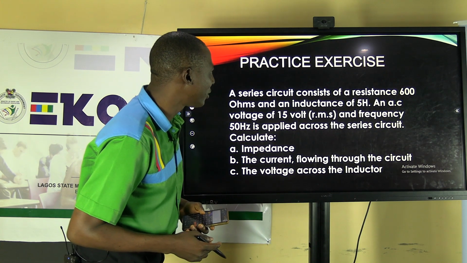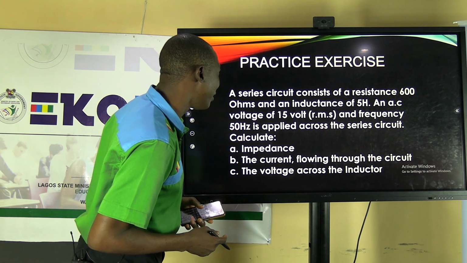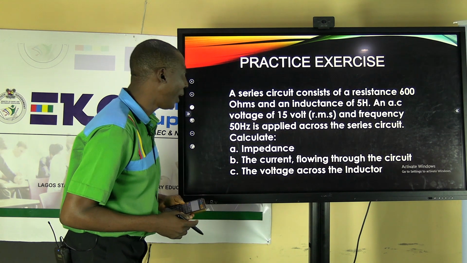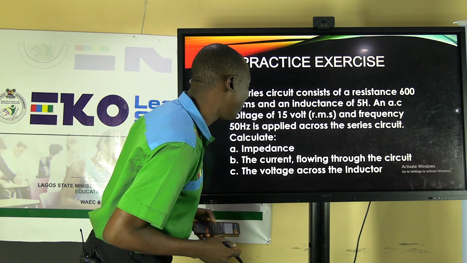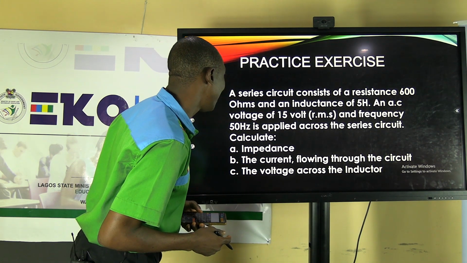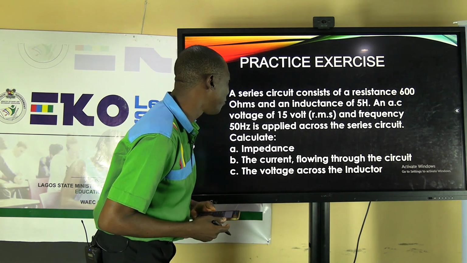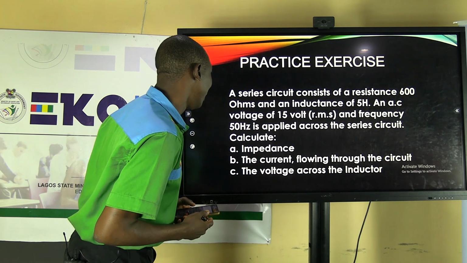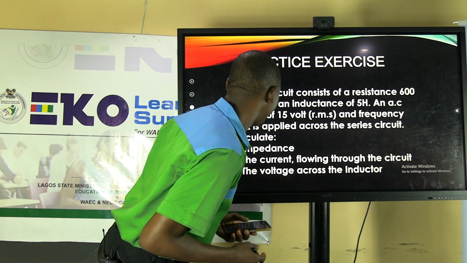A series circuit consists of a resistor 600 ohms, and an inductor 5 Henry. An AC voltage of 15 volts RMS and a frequency is applied across the series circuit.